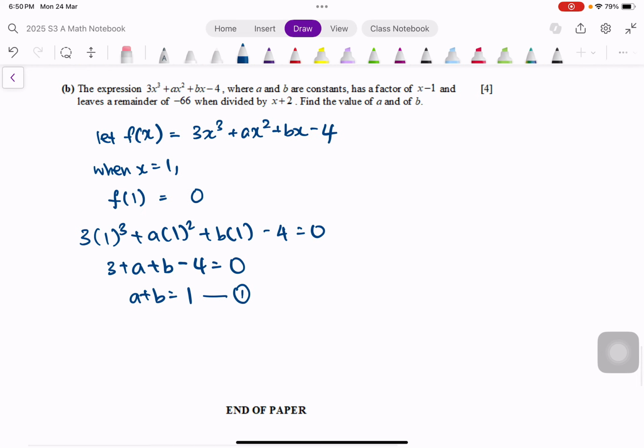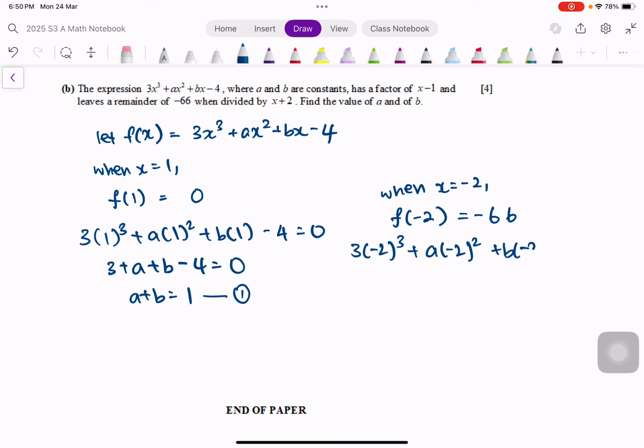Now the next one. When it's divided by x plus 2, I get a remainder of negative 66. So by the remainder theorem, if I substitute x to be negative 2, I get a remainder of negative 66. So same thing, I substitute all my x's as negative 2.